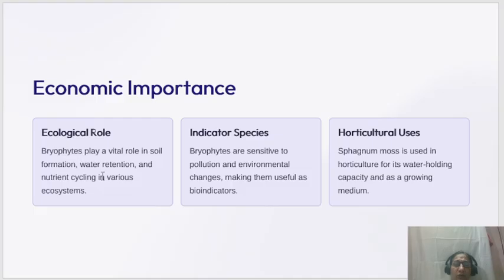They help in water retention and nutrient cycling in various ecosystems, thereby bringing new habitat there. They also act as indicator species, as they are highly sensitive to pollution and environmental changes, making them useful as bioindicators. They are also used in horticulture. Sphagnum moss is used in horticulture for its water holding capacity and as a growing medium.